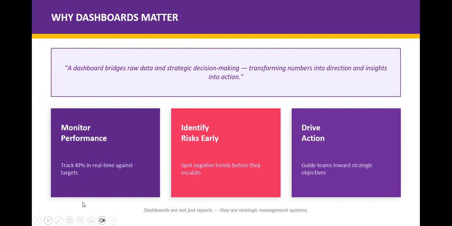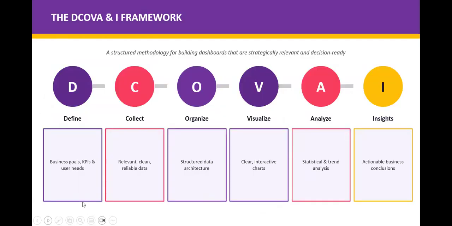Just to recap, a dashboard bridges the gap between raw data and strategic decision making, transforming the numbers into direction and insights into action. What it really does is three major things: monitors performance, identifies risks early, and drives action. Because sometimes teams are so caught up in everyday work that they forget to check whether they are really meeting the objectives.